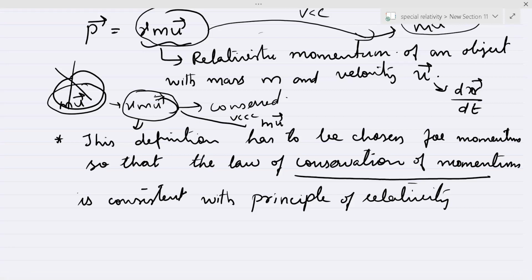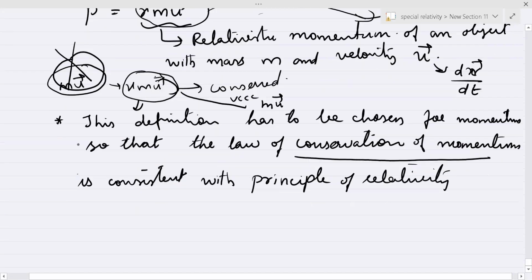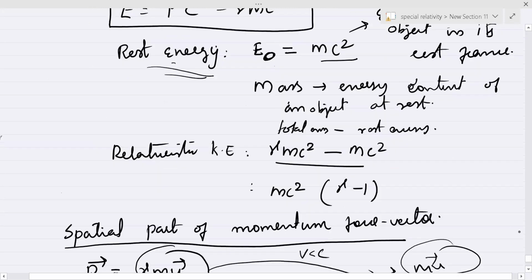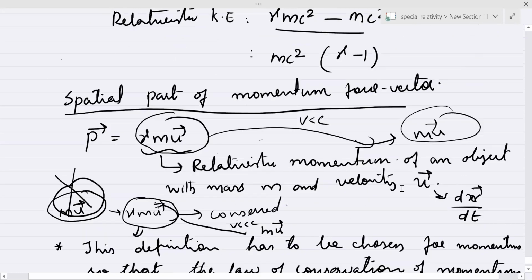Okay, so this has all the necessary properties, because we know that in low energies or Newtonian physics, the momentum p vector, equal to mu vector, is conserved. In the non-relativistic case, this is already conserved. We have studied this extensively: the conservation of momentum when there is no external force acting. The momentum is conserved, and that momentum is mu vector in Newtonian physics.